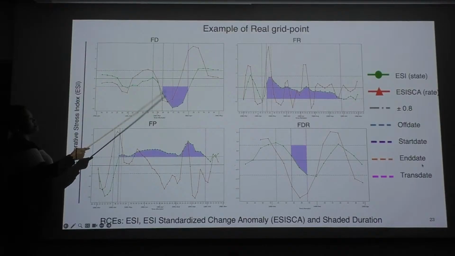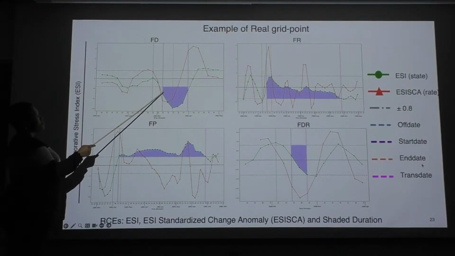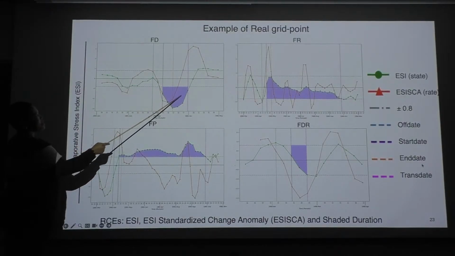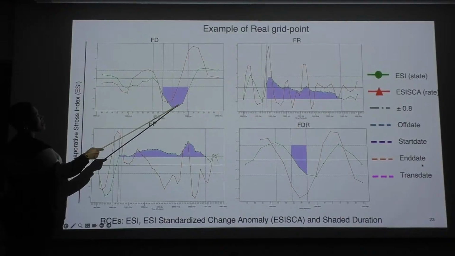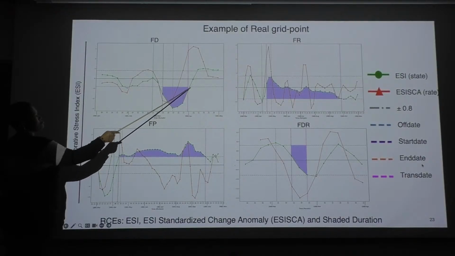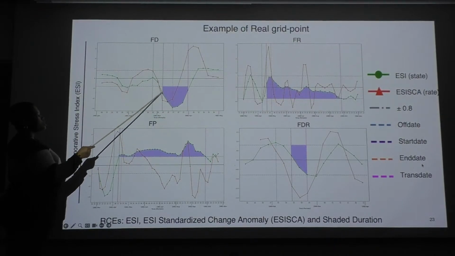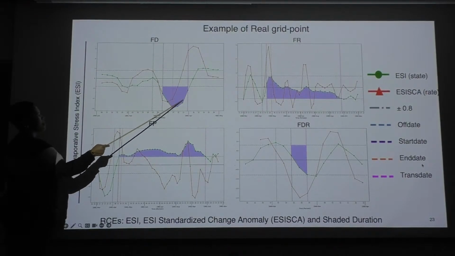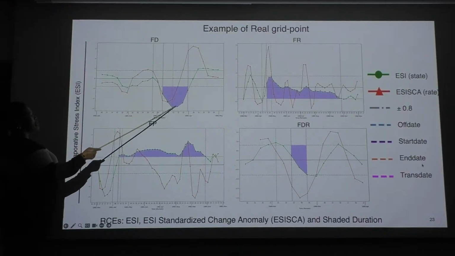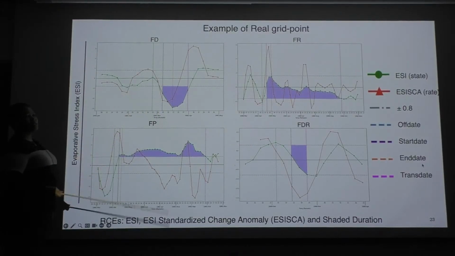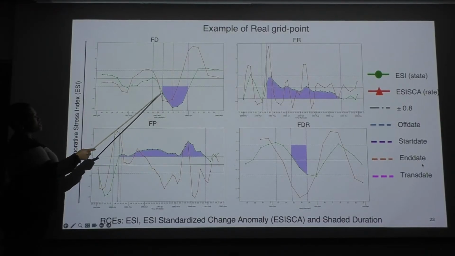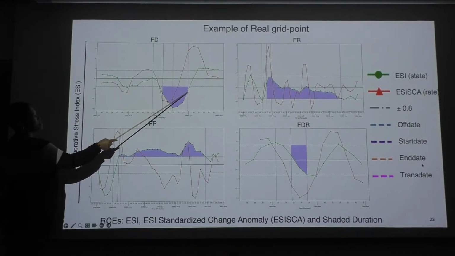And then from the start toward the end, where the ESI gets out of this threshold, we sum up all these ESI values to get the total, which is the severity. And the duration is from the start of the ESI to the end of the ESI.